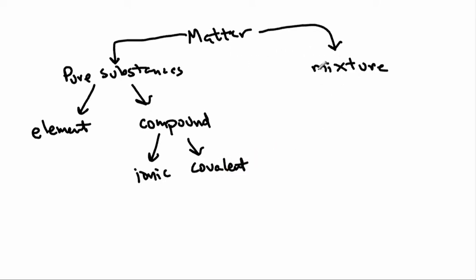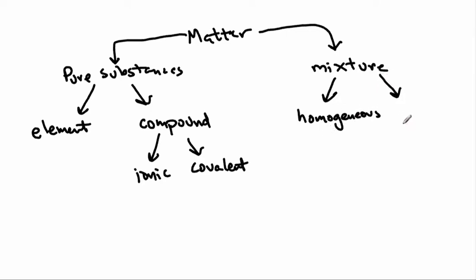Now, over here on the mixture side, we have a couple of different types of mixtures. If you have something where you cannot distinguish between the components, say something like salt water from the ocean, you can't really tell the salt from the water. So we call that a homogeneous mixture. When it looks uniform, it's homogeneous.